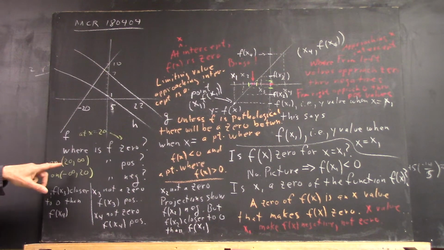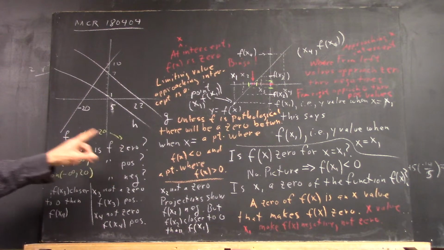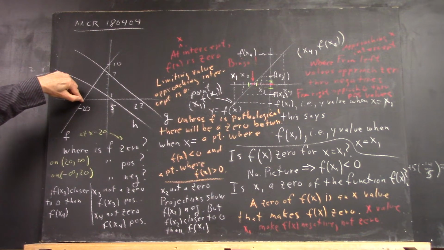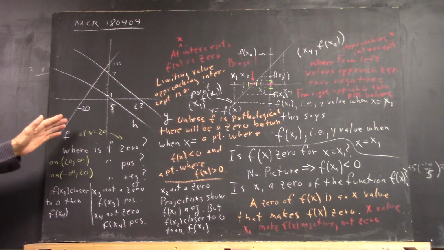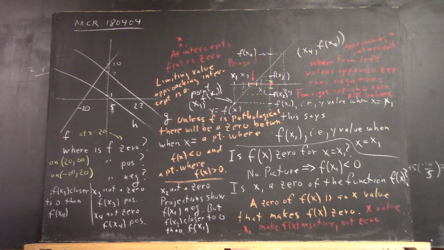So when I ask the question, where is f 0? The answer is at x equals negative 20. And if you know what the graph is telling you well enough, you understand completely why that is. It's because as you approach negative 20 from here, you have all negative values, don't you?